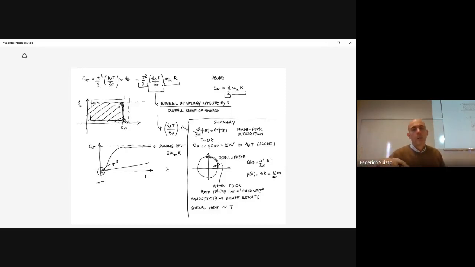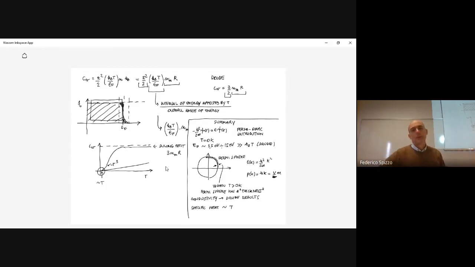So again, we have not been able to explain the full dependence of CV as a function of T, but at least we have been able to single out one of the contributions of the specific heat that are actually measured when you go to the lab.